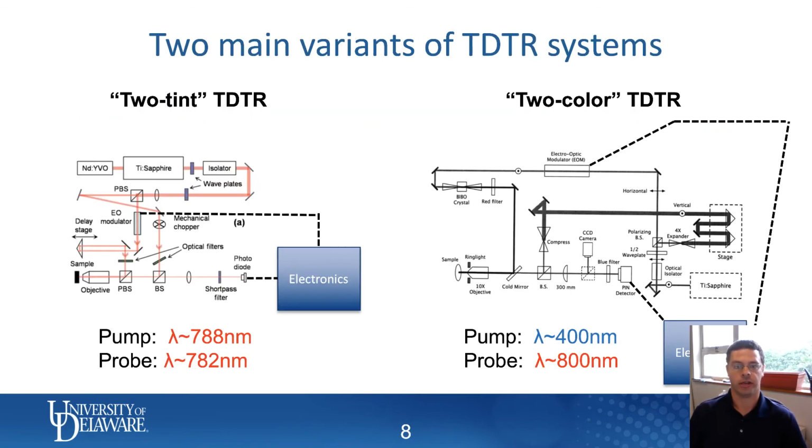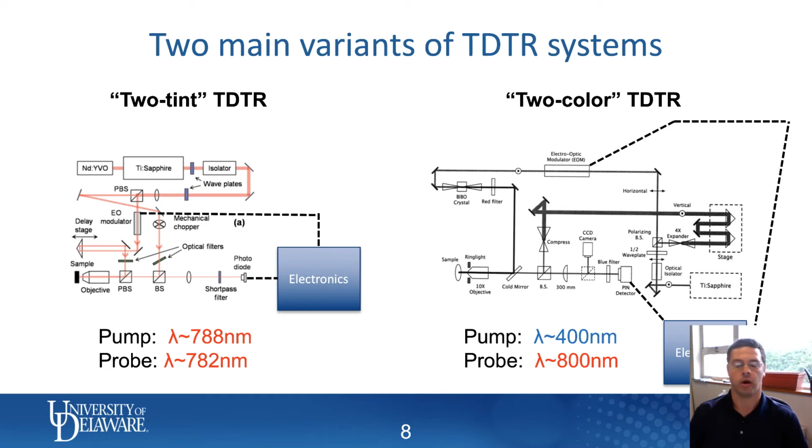All right, so with that being said, I'm going to talk about a couple of different layouts for time domain thermoreflectance systems and why some of the components exist in these systems. But before I even do that, I have to say that there are at least two different types of main time domain thermoreflectance systems in use.